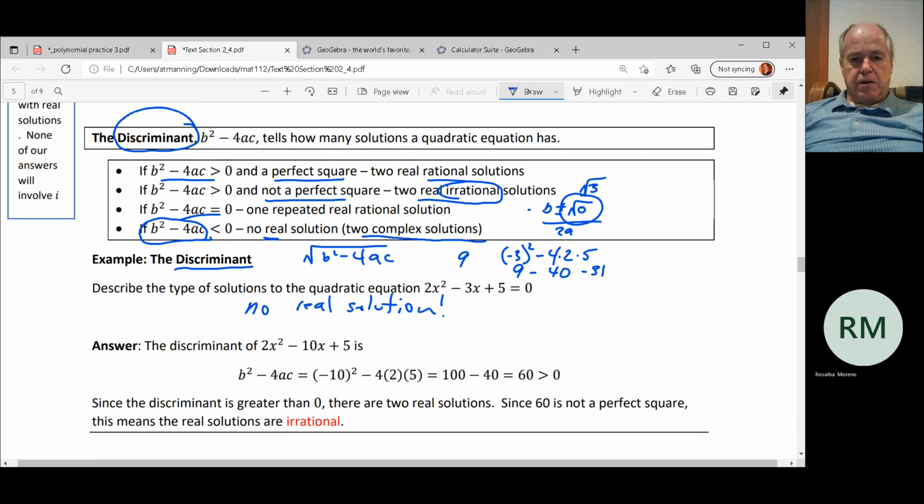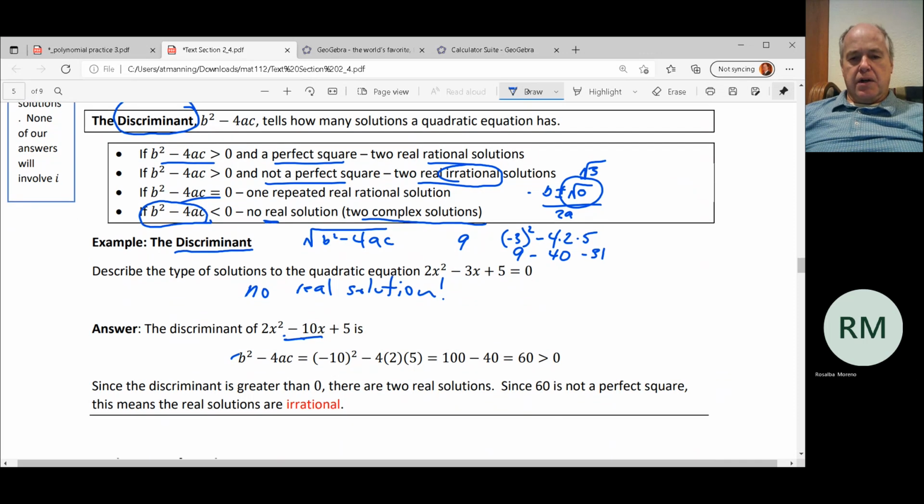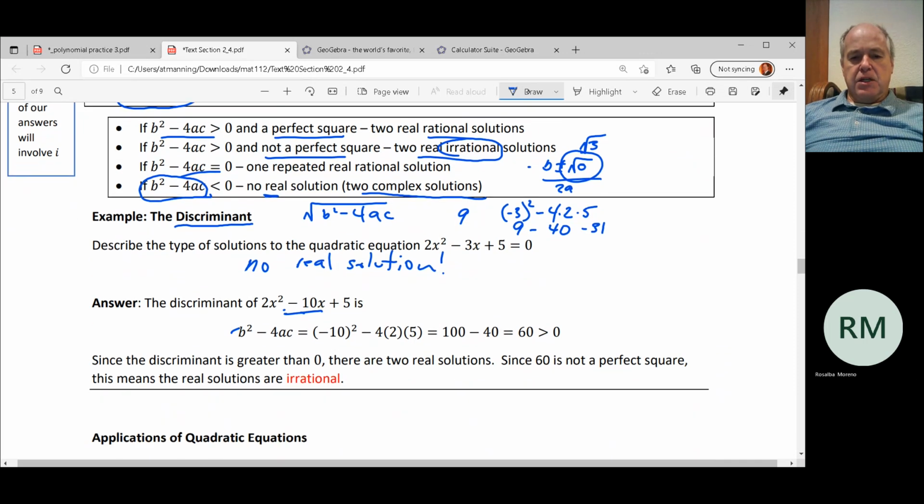They did a 2x squared minus 3x plus 5 equals 0 here, but then they had changed it to a minus 10x plus 5. There, b squared got larger, right? Instead of b squared here, b squared minus 4ac gives us 100 minus 40 equals 60.